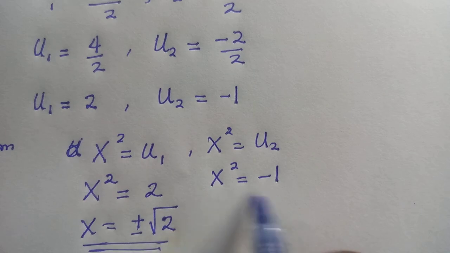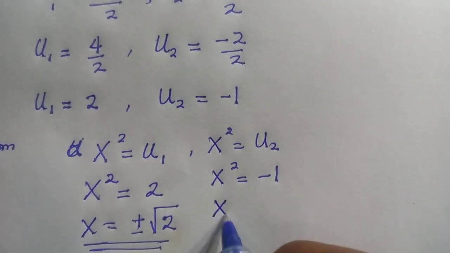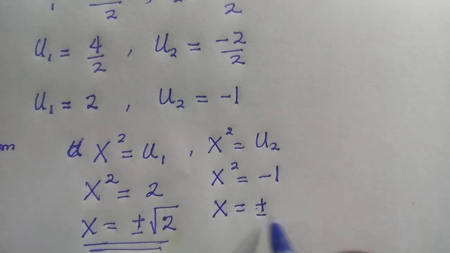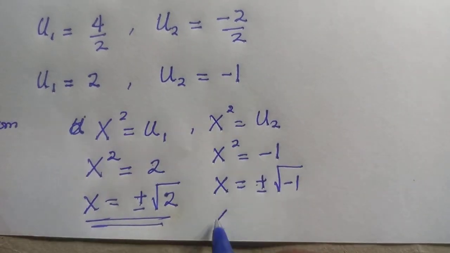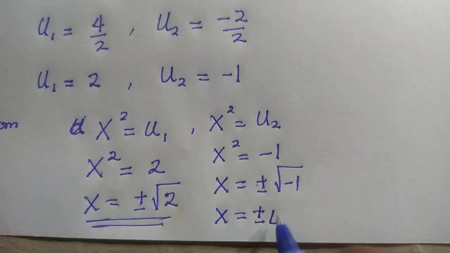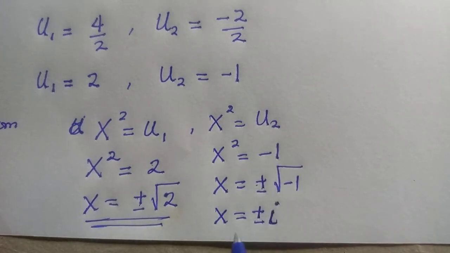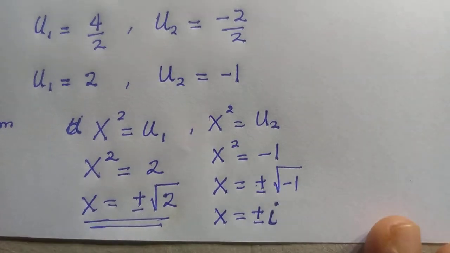That is, it cannot give us the real solution, but it gives us the complex solution. By taking the square root of both sides, we are going to have x equals plus or minus the square root of minus 1. But the square root of minus 1 gives us i. And here is the complex solution, and here is the real solution to this problem.